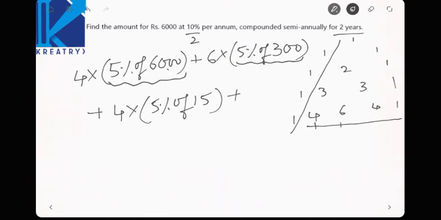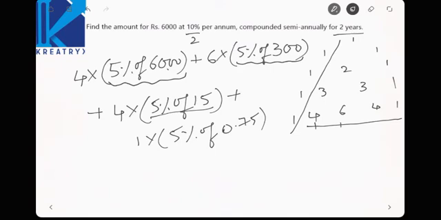Next, 1 into 5% of 15 must be taken here. So what is 5% of 15? It is 0.75, right? Now add these, you will get the compound interest.